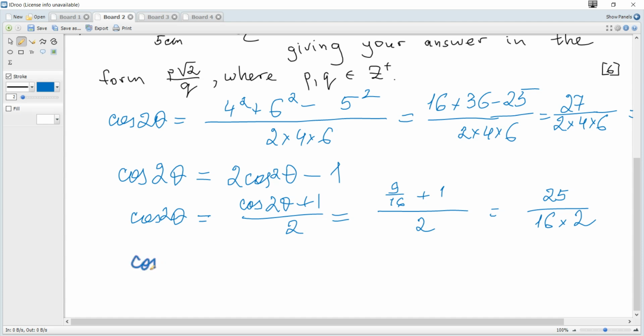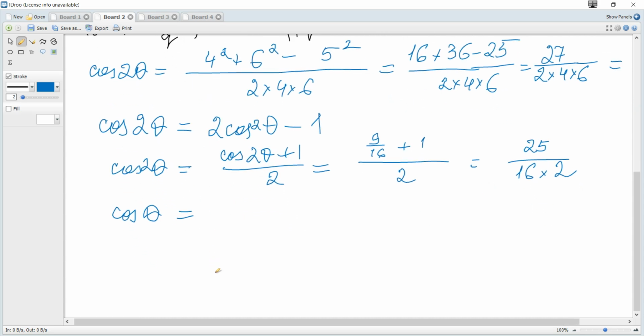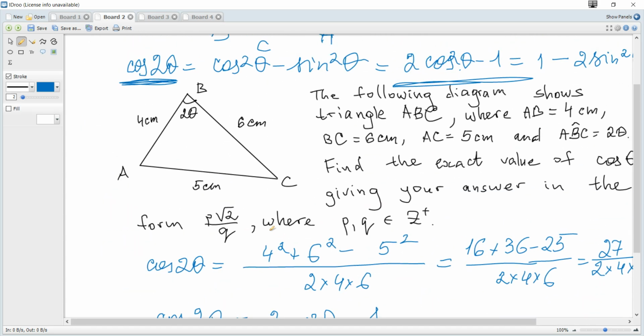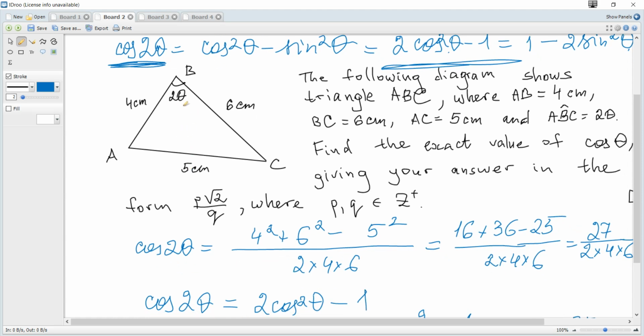And hence cosine of theta is, since it's cosine squared, like when you meet an equation x squared is 100, x is plus or minus root of 100, so there are two roots. Here in general there are also two possible solutions, plus and minus. But what should we choose? You can notice that 2 theta is opposite to 5, and this angle is opposite to 6.